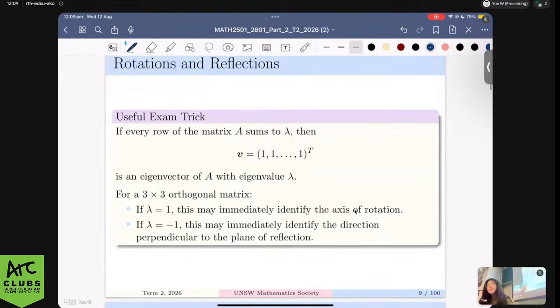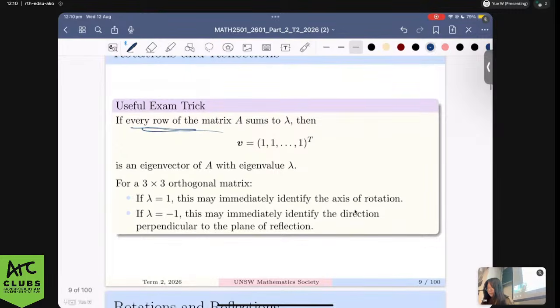One useful exam trick is that if you have a matrix A and every row of A sums to some constant lambda, then you can check that V, the vector 1, 1, 1, is an eigenvector of A with eigenvalue lambda. So AV equals lambda V, where V could be 1, 1, 1 if it's 3-dimensional.